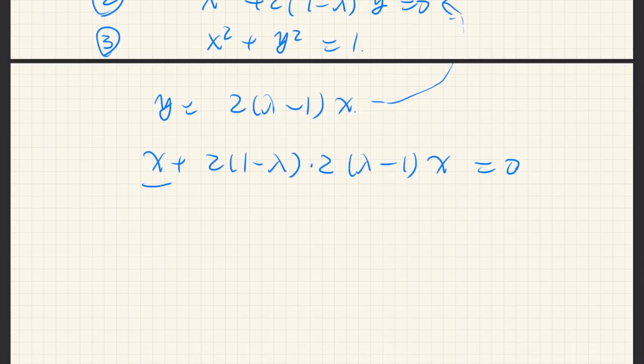So we have x here, so factorize them. We have 1. Let's flip the sign here. We have 2(1 minus lambda) and 2(1 minus lambda). Okay, so we have 2(lambda minus 1).